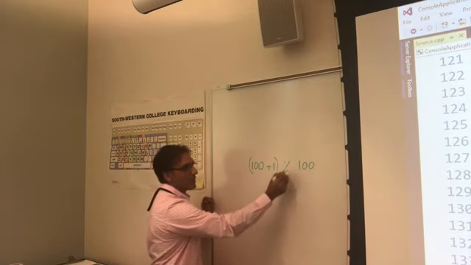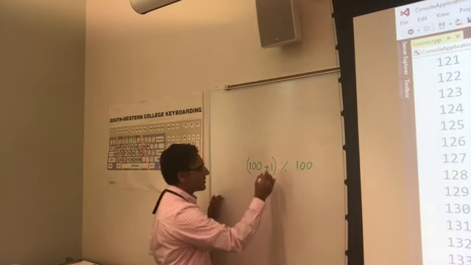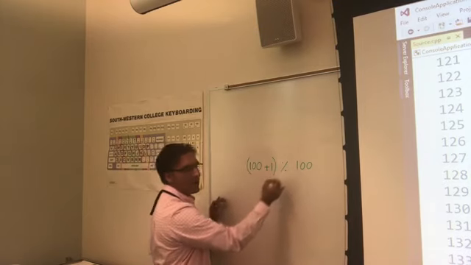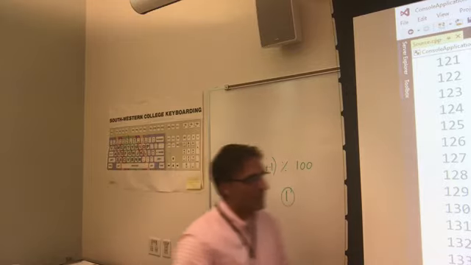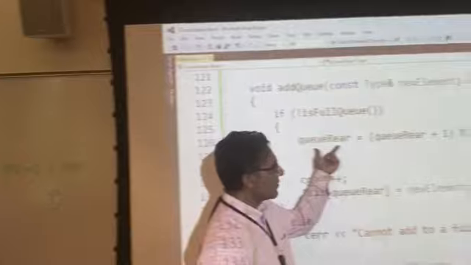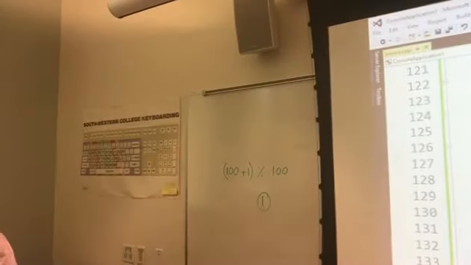What exactly does modulus give you? Remind me. Remainder. So in this case, if I divide 101 by 100, it's going to give me a value of 1. So I'm assigning the value of 1 to the queue rear. And let's see what this message says from the book.